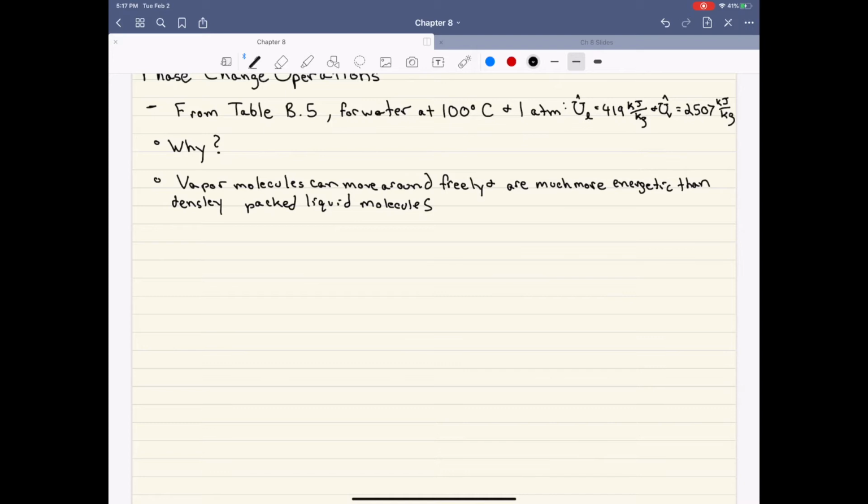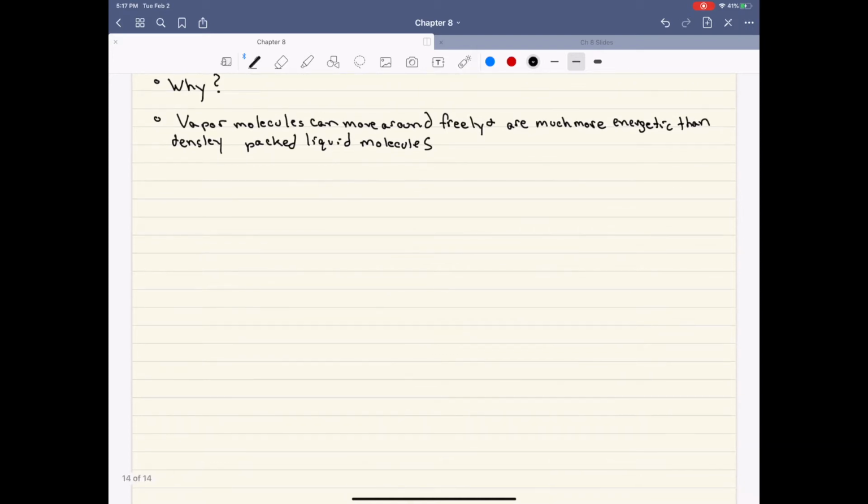And in general, when a chemical species changes from one phase to another, we typically see a large change in both the internal energy and the enthalpy.